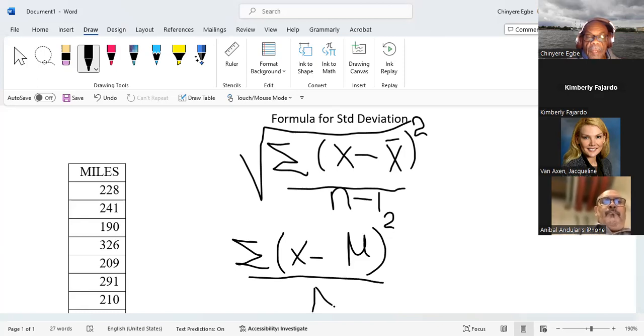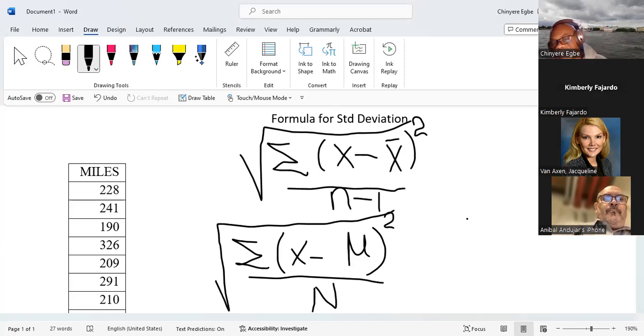Now this is the population standard deviation. But for our purposes, let's assume that we are doing a sample and you can use n minus 1. If you think you have a population, you use n, the large N.